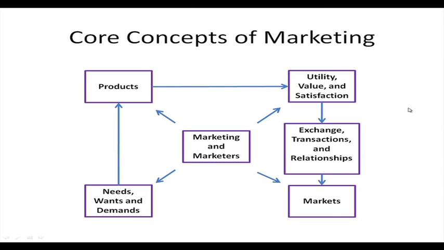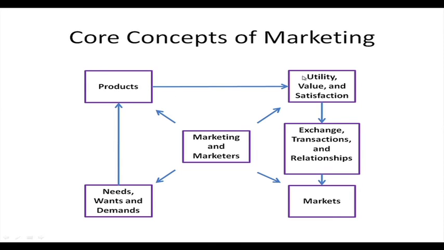The core concepts of marketing evolve around these 5 boxes. This one is the users' needs, wants and demands. To satisfy them, the company, those who market their products, design their products.